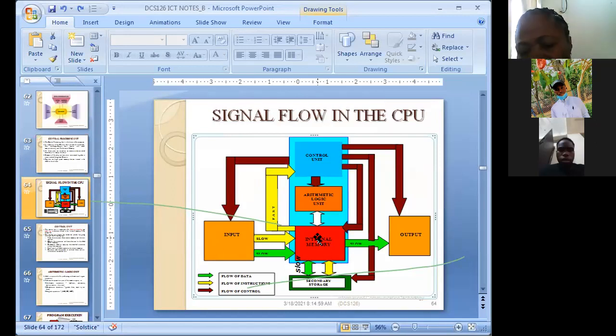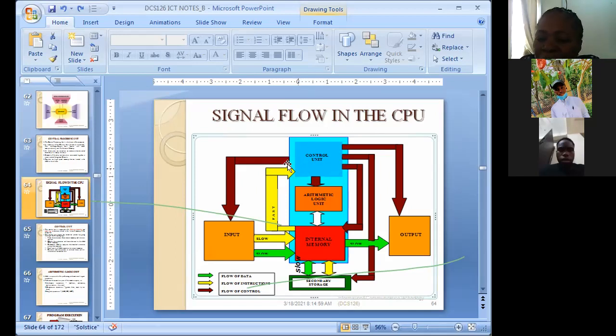Now the internal memory has to signal the control unit that I have received some input. That is what this arrow does. This is the signal flow going from internal memory, signaling the control unit that some input has come in. So the internal memory is reporting that I have received some input and I'm keeping it for processing. So now, what happens?